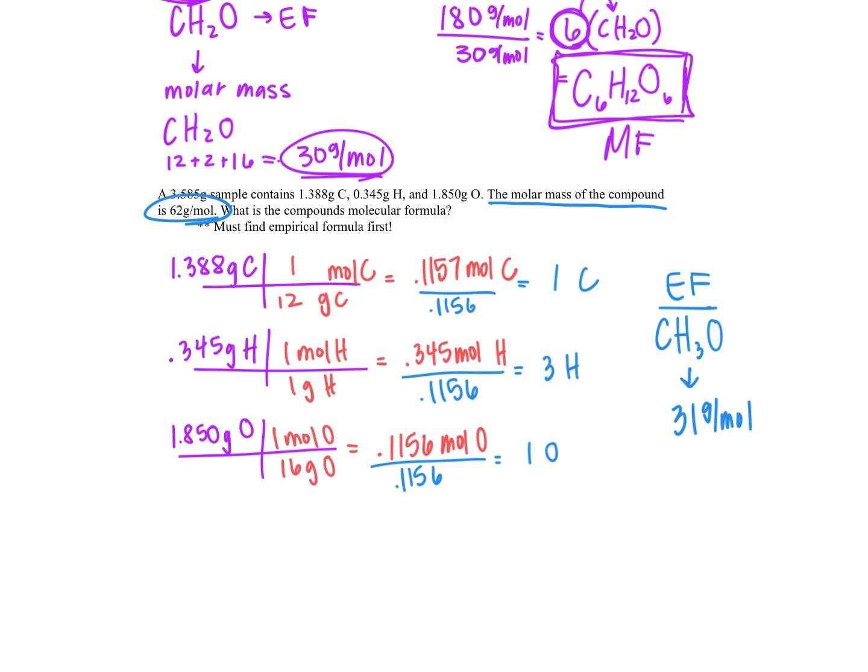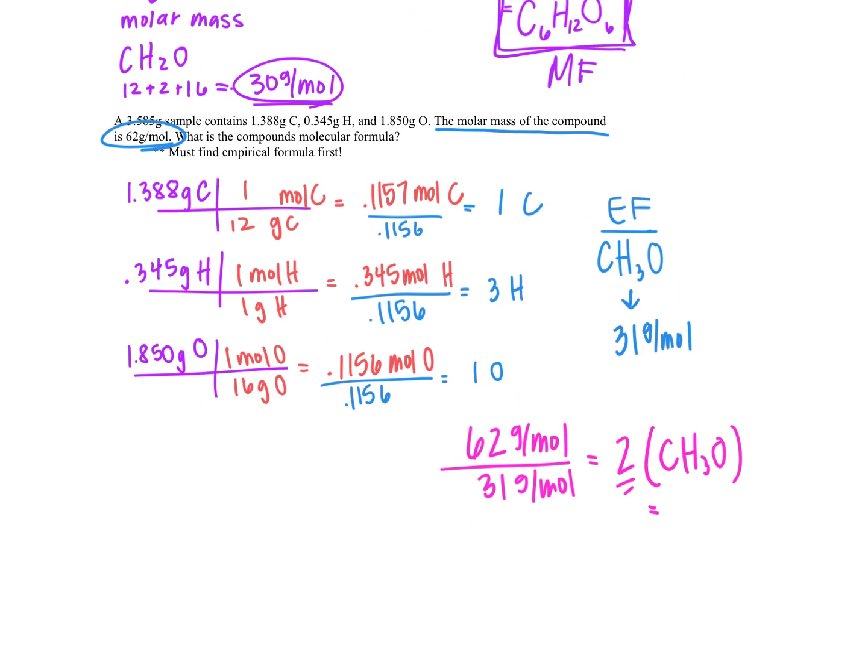So I'll come down here and I'll take the larger divided by the smaller. And it says my unknown then is 2 times larger. I come out with a 2. So it's 2 times larger than my empirical. So 2 times CH3O gives me C2H6O2 as my molecular formula.